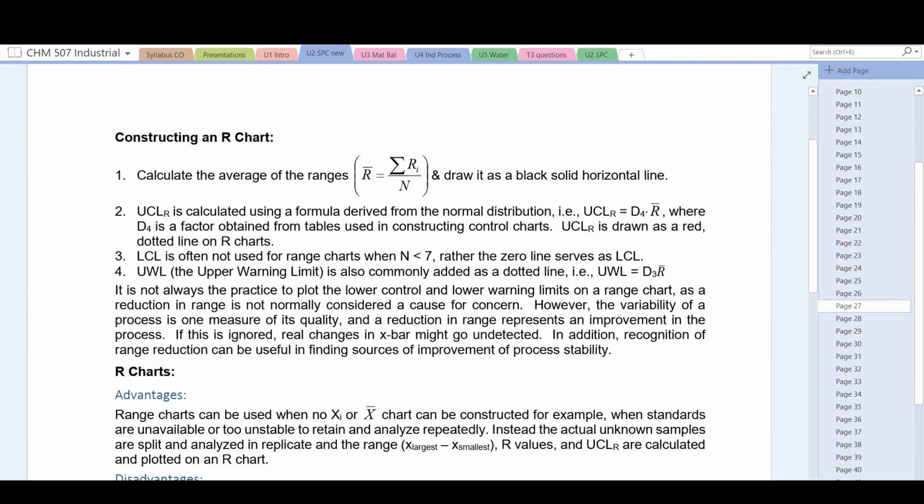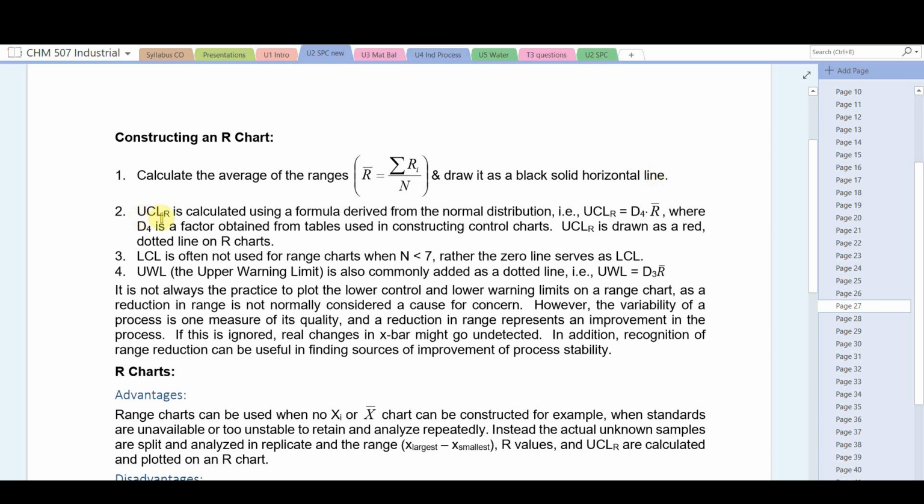So how do you construct an R chart? We'll calculate the average of the ranges, much the same as you did for the average of the means. R bar is equal to the sum of your range values divided by the number of range values. This will be plotted as a black solid horizontal line that'll be somewhere near the center of your chart.